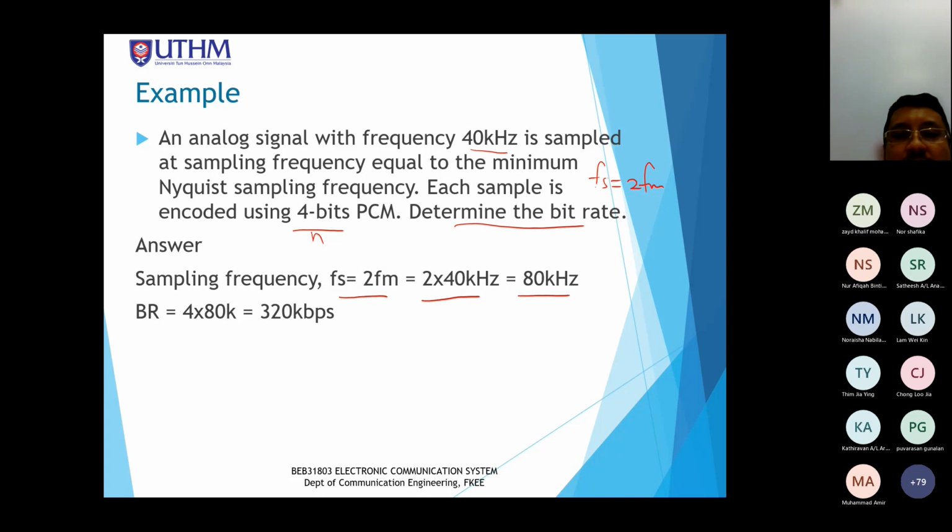Then determine the bit rate. The bit rate is equal to the sampling rate multiplied by the number of bits per sample. So 4 multiplied by the sampling rate, and we get 320 kilobit per second. So this is a straightforward calculation.